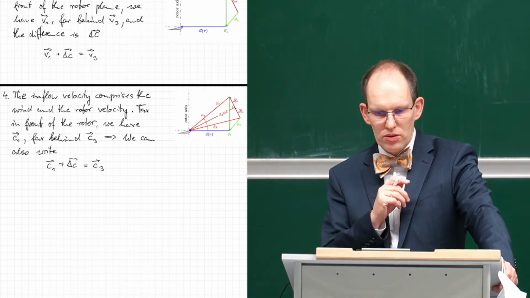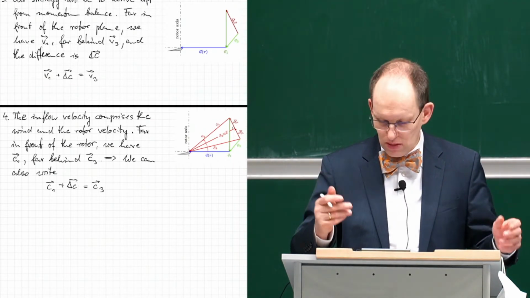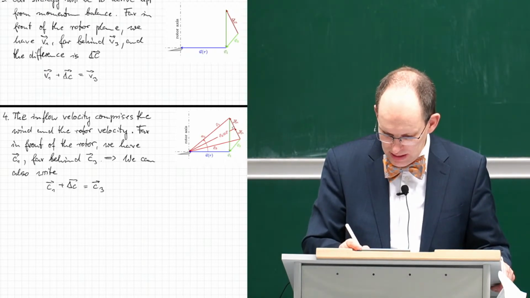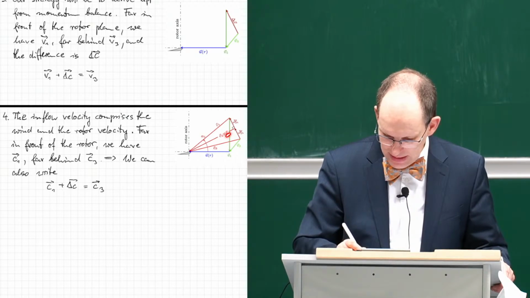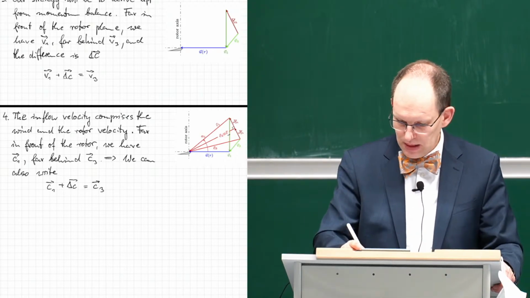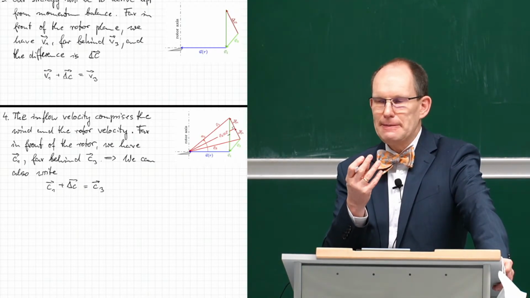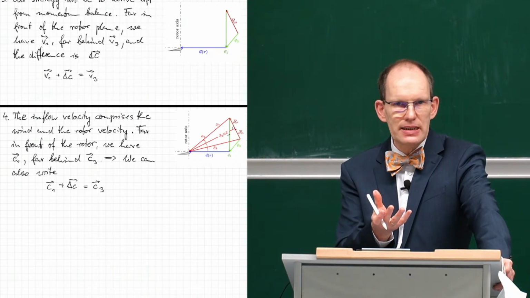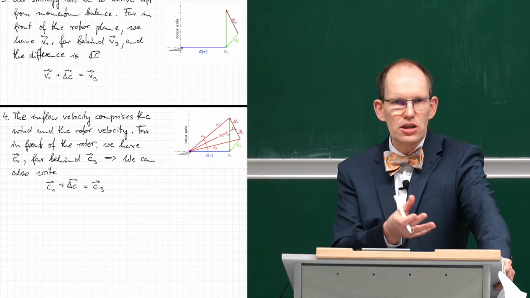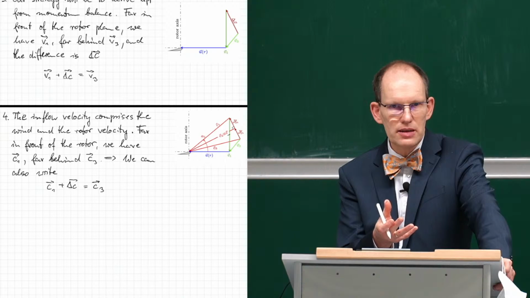Well, in the rotor plane, we have this velocity, we can call it C2, or actually most of the time we said it's just C. So we have C2. And now we argue in the same way as we did for the Betz case. So we say that C2 is just the arithmetic mean of C1 and C3.